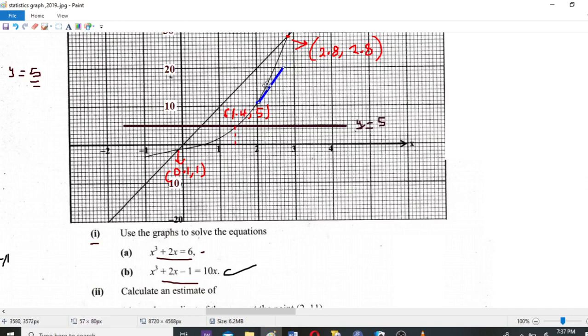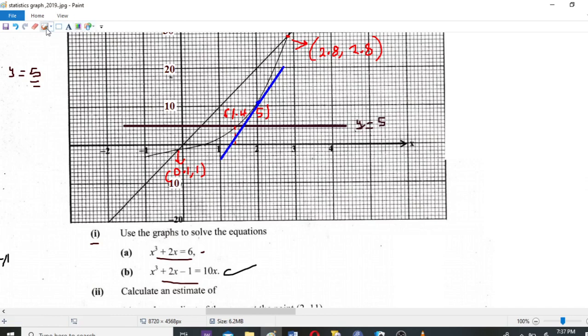You need to choose the point that will not be a struggle for you to get the values. For me, I'll extend it as long as it is touching my curve just at one point, then I can find where to end. Okay, right there. So that is my tangent.